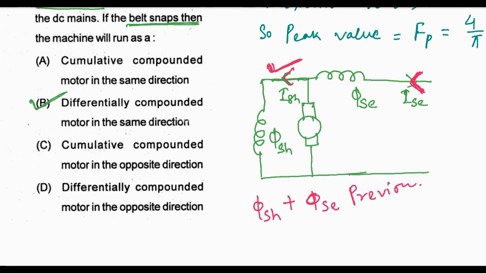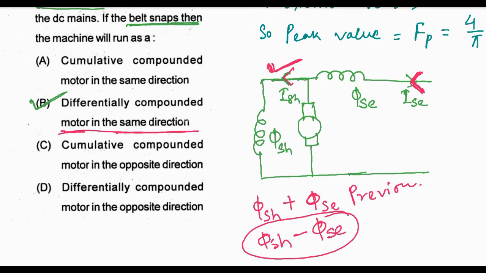But when the belt snaps, phi SH will be the same because the current direction is the same, but phi SE will become negative. So this will be a differentially compound motor, running in the same direction.